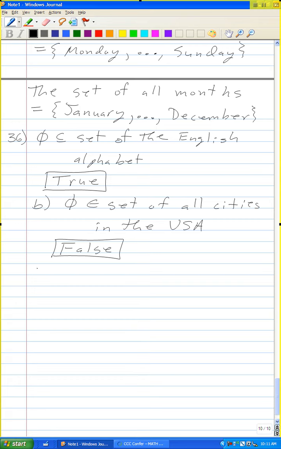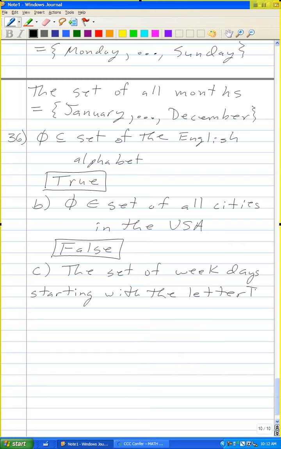C. The set of weekdays starting with the letter T is a subset of the set of all weekdays.